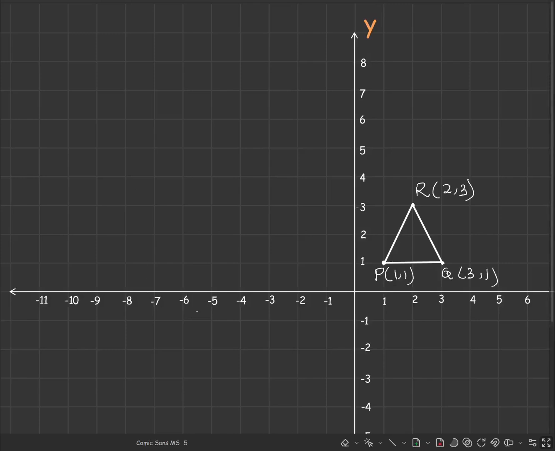So starting from our P prime, its coordinate was -2, 3. So we come to -2, and then 3. We have that coordinate here. Then for Q prime, it was 0, 3.